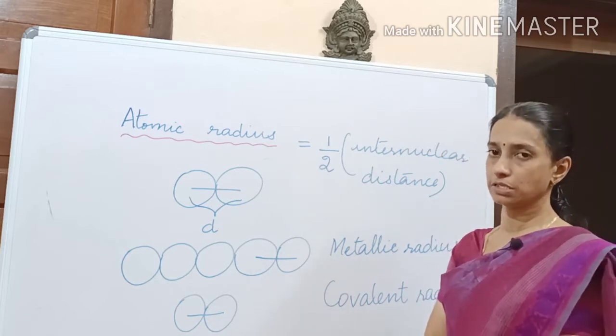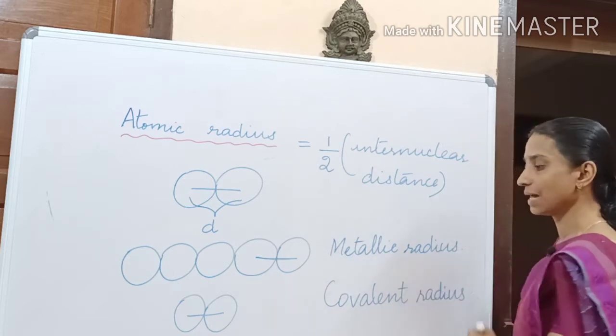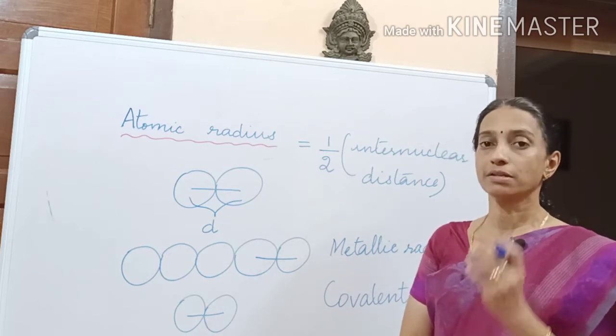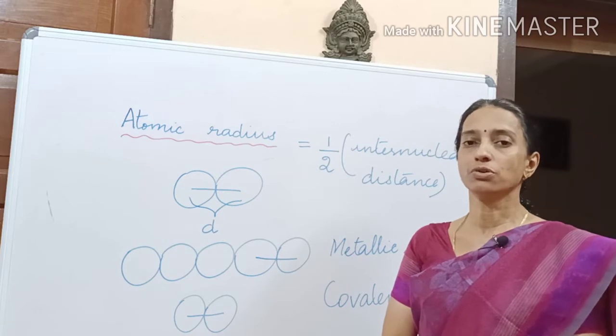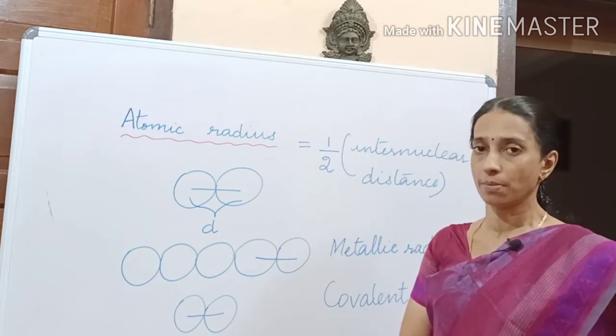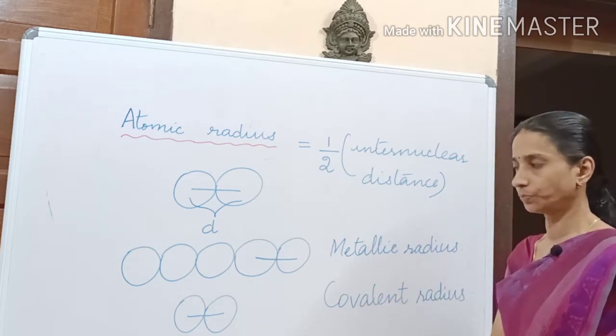Half the internuclear distance between the neighboring metal atoms becomes the metallic radius, whereas in the case of non-metals, the atoms are bound together by covalent bonds. So half the internuclear distance between the bonded atoms in non-metals is what is called the covalent radius.